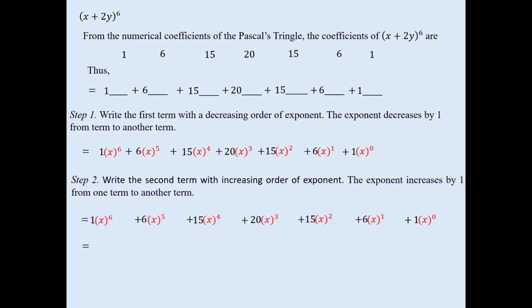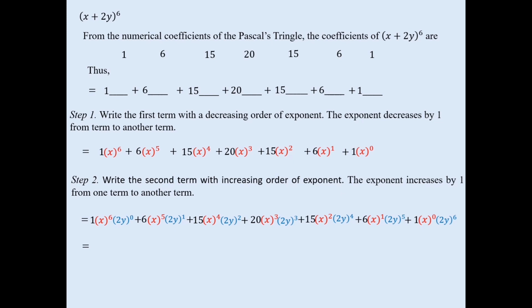So from the first step, we are going to write now our second term in increasing order of exponents, starting with 2y to the power of 0, 2y to the power of 1, 2y to the power of 2, 2y to the power of 3, 2y to the power of 4, 2y to the power of 5, and 2y to the power of 6. Okay.